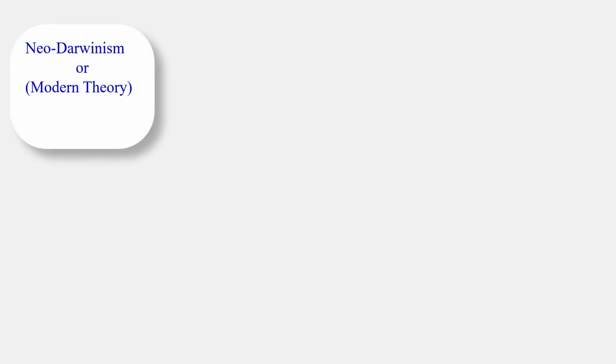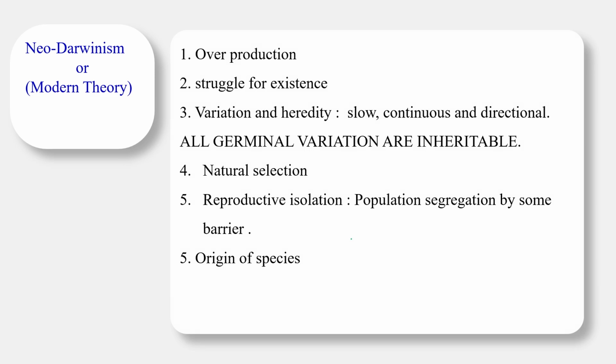neo-Darwinism or the modern theory, because all the things discussed by Darwin are not correct, but later on some other scientists worked in the same direction and modified one or two points of Darwin and then developed another theory which is known as neo-Darwinism. In it, the overproduction point is the same, struggle for existence is the same, intraspecific, interspecific, and environmental struggle is the same.